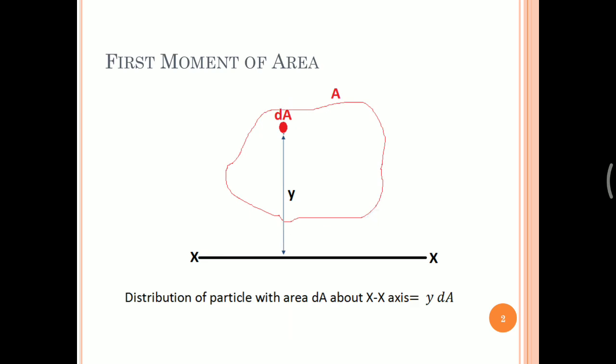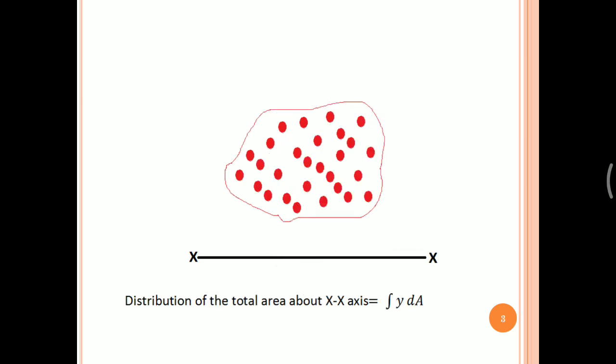Now let's have a quick glance through what we have learned. The first moment of area gives the distribution of particles about an axis. Here the axis is xx. So integral y dA, our first moment of area, says how the particles of this two-dimensional body, or of this area, are distributed about the xx axis.